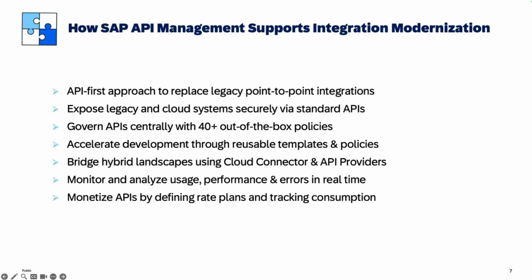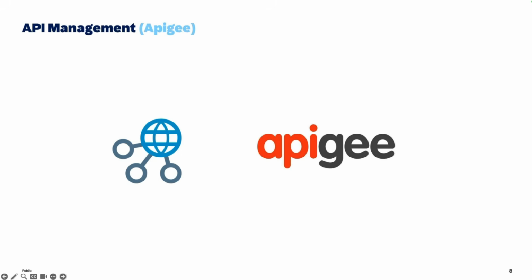Through real-time analytics, monitoring, and monetizing capabilities, SAP API management not only streamlines integration, but also turns APIs into strategic business assets. So let's now look at how API management works in the APG version.